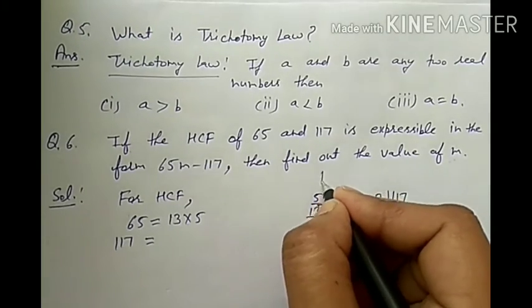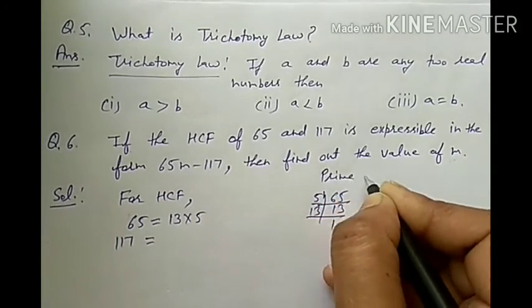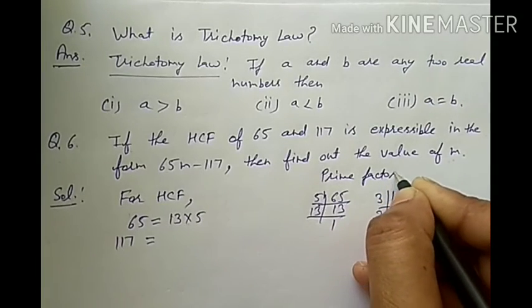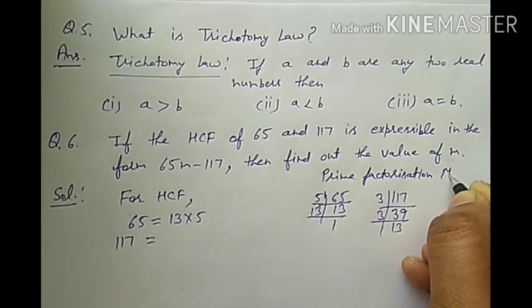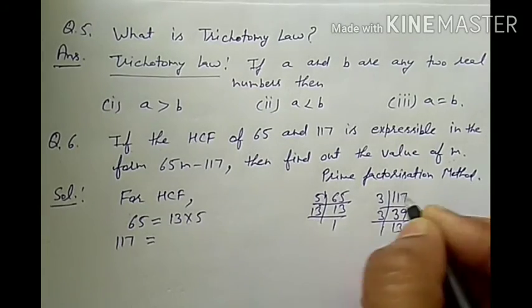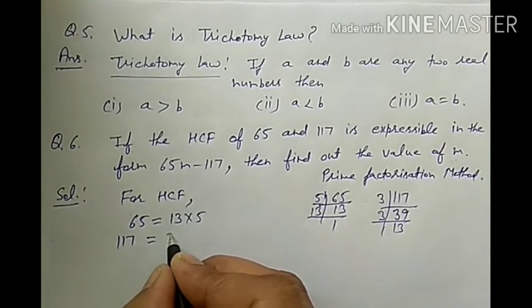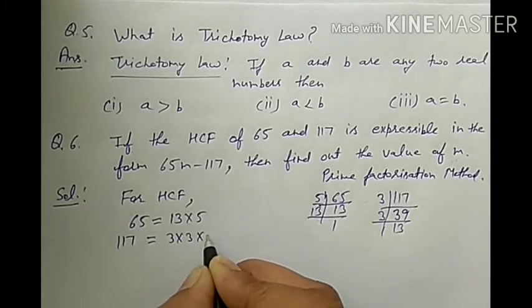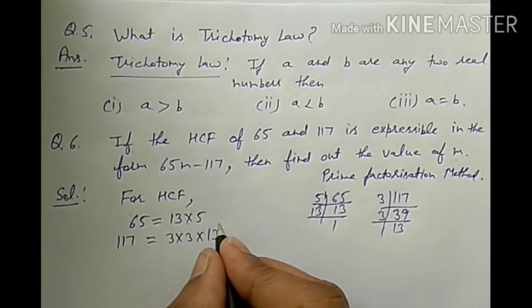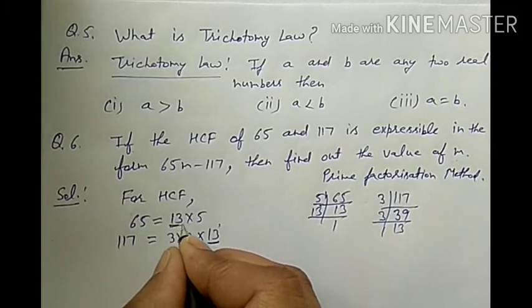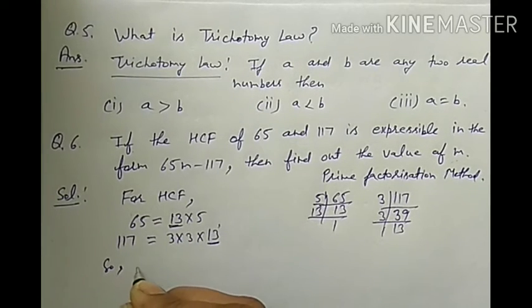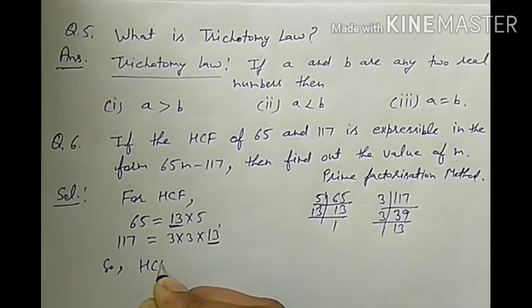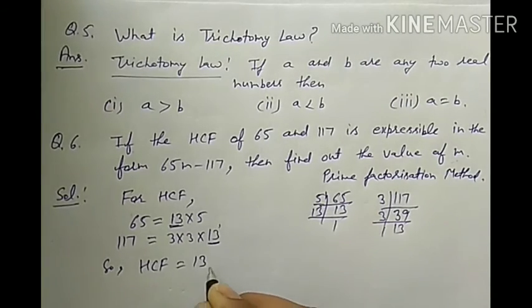So we are using the prime factorization method to find out the HCF. Now 117 is equal to 3 into 3 into 13. What is the common factor here? The common factor is 13 only. So HCF is equal to 13.